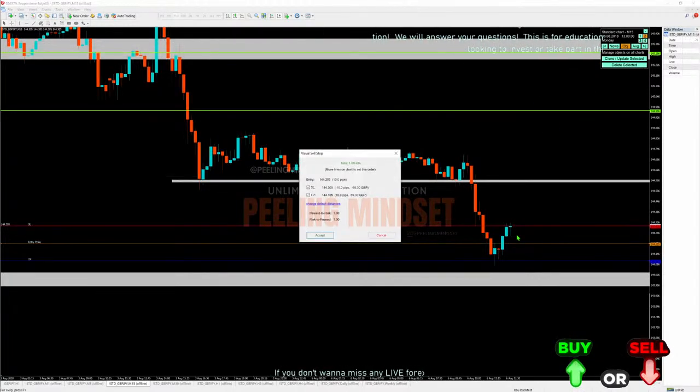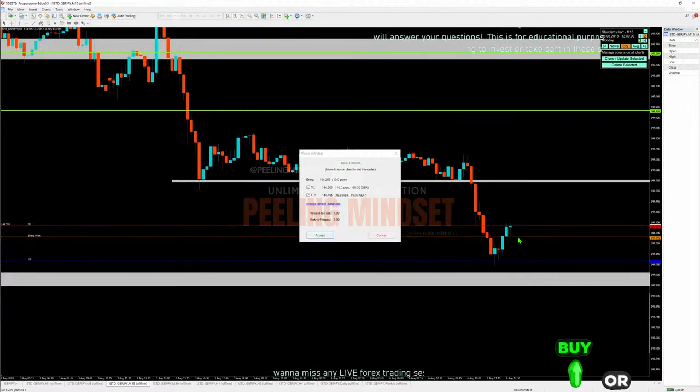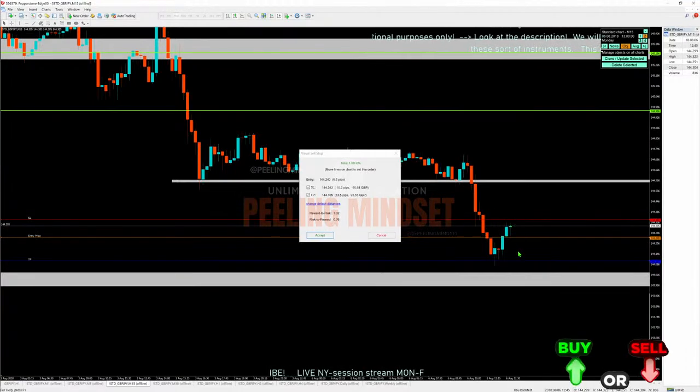Now look at this. What I'm going to do is take a pending below the previous candle's low with about a 10 pips stop loss. So the stop loss is placed above the previous candle's high, right? And I'm anticipating the candles to hit the low, the daily low.